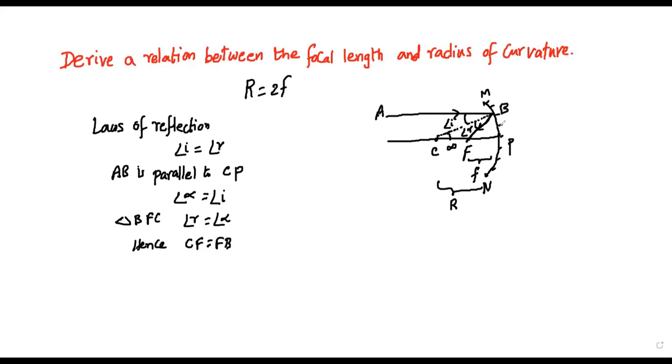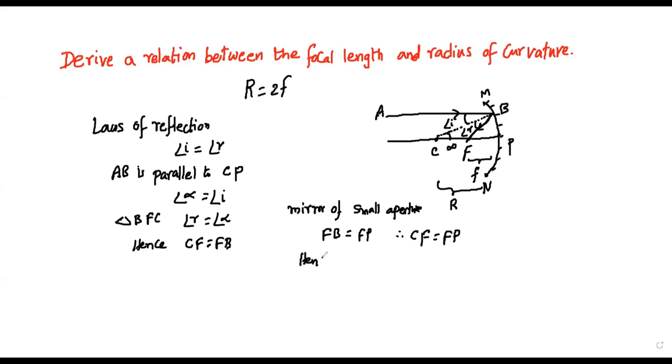Let's say the mirror aperture is very small. For a mirror of small aperture, FB is equal to FP. Therefore, CF is equal to FP.